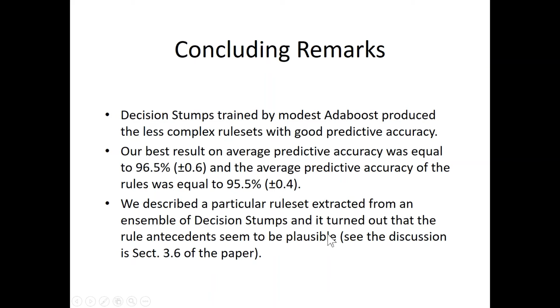And also, we describe the particular rule set extracted from an ensemble of decision stumps. Overall, the extracted rules seem to be plausible with respect to the literature. You can find a discussion in the paper in section 3.6. Thank you for your attention.